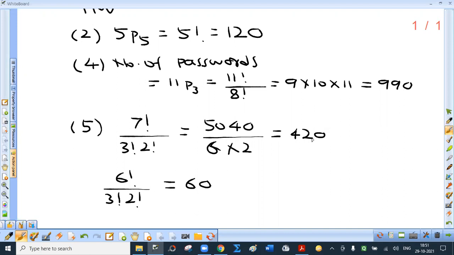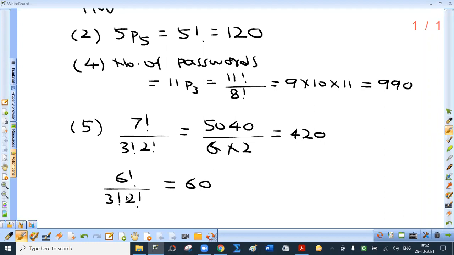We keep 0 at millions place. Then remaining 6 digits can be arranged in 6 factorial upon 3 factorial into 2 factorial.